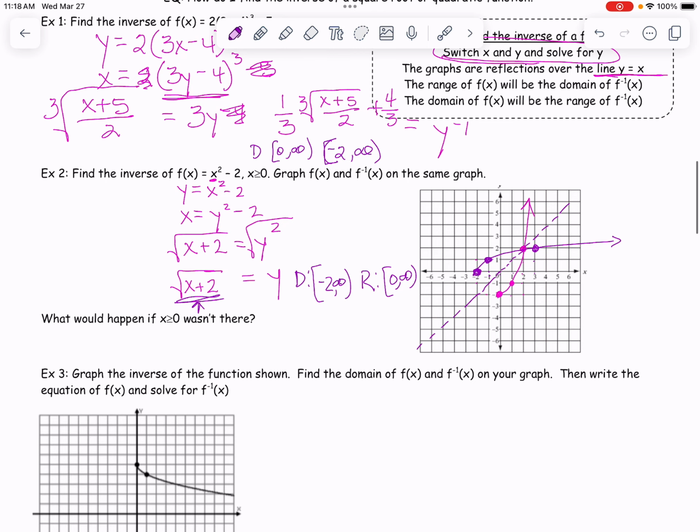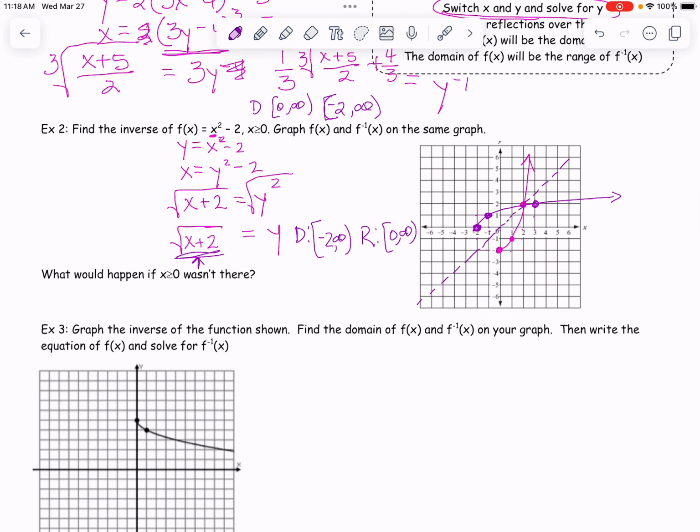So when you're dealing with inverse, the inverse of a quadratic is a square root function. Your domain, you have to restrict your domain of your original so that your inverse is a function. That's what we're trying to do. If you hadn't restricted, then the inverse would not be a function.